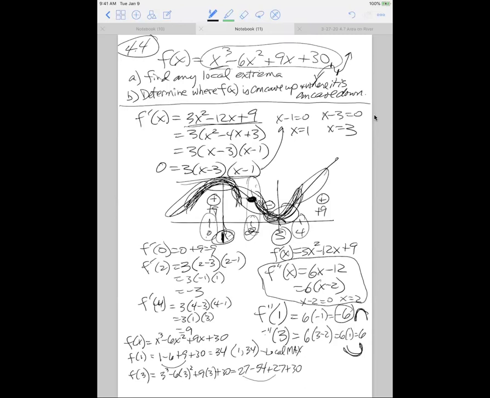So 54 minus 54 is 0, and that's equal to 30 there. So we end up with (3, 30) as a local min.